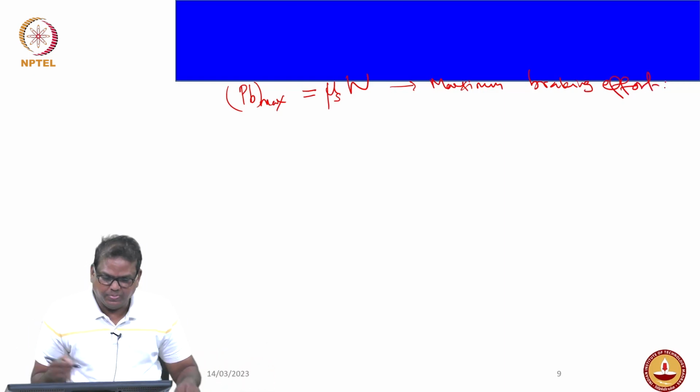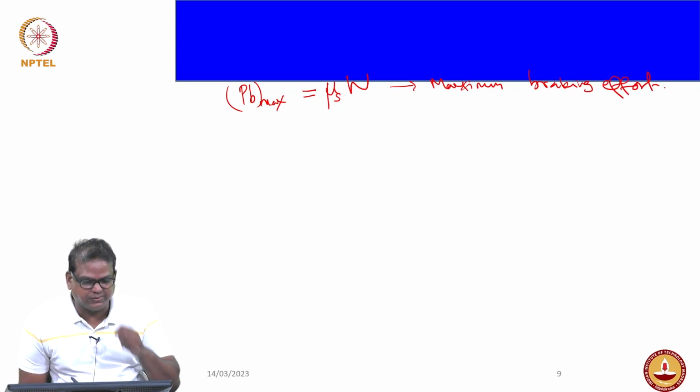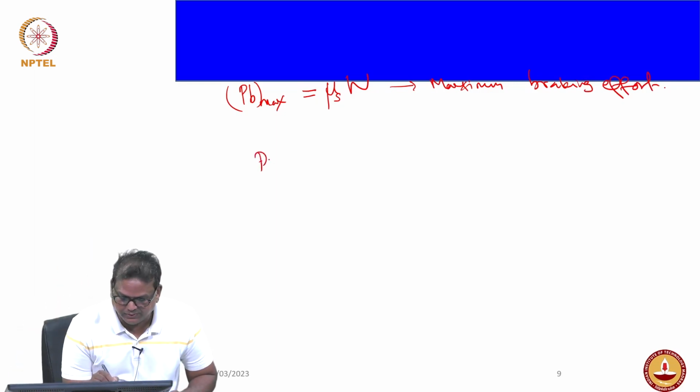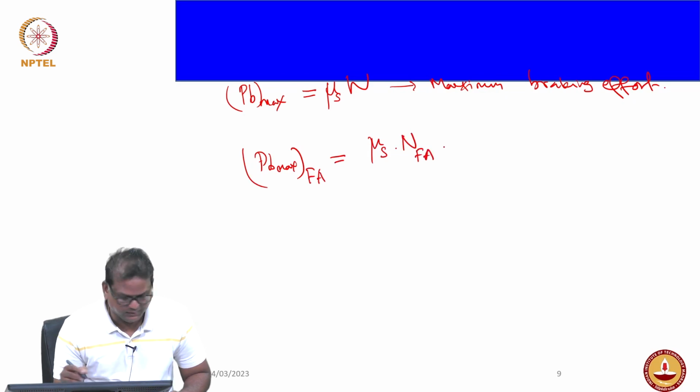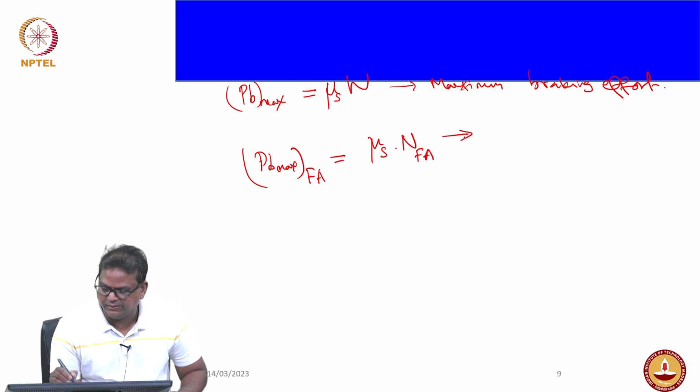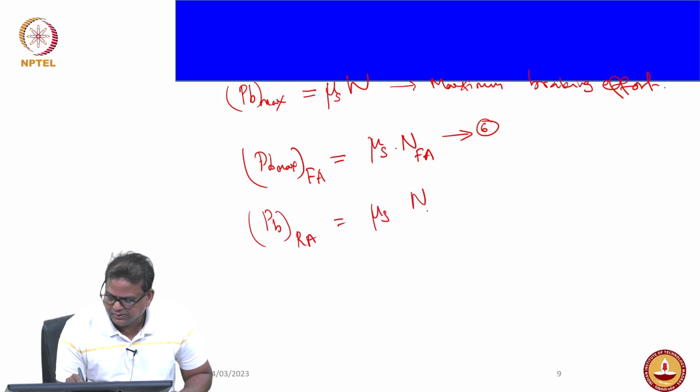As a whole, with respect to the individual front axle and rear axle, I can rewrite the PB max. For the front axle, it depends on mu S into NFA. This equation I take as equation 6. Similarly, my PB max for the rear axle depends on mu S into NRA.